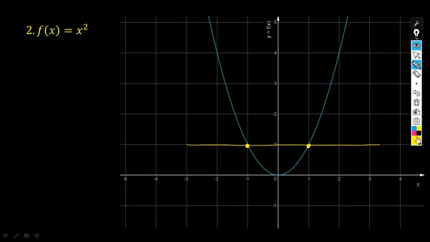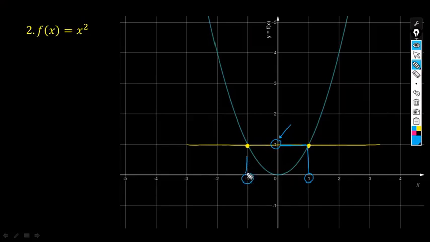And what does that mean? For this specific output of the function, for 1, remember, this axis represents the outputs, this axis represents the inputs. So for an output of 1, we have, according to the graph, two inputs, both 1 and also -1.